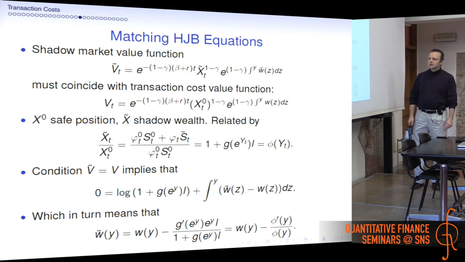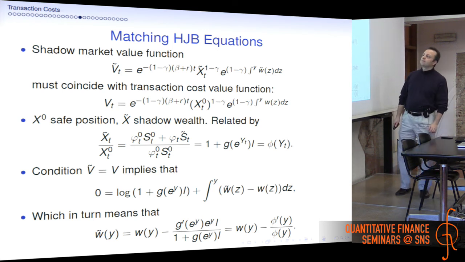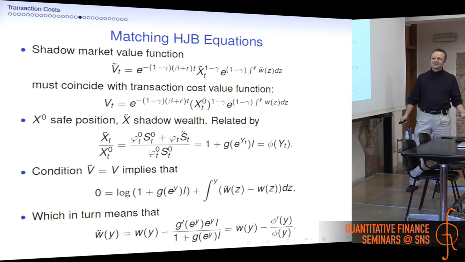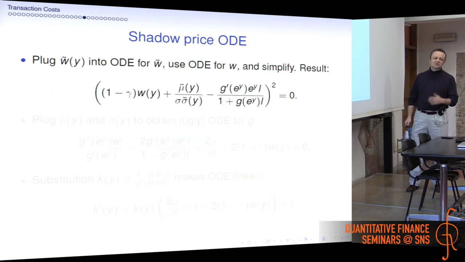I realize that this is a bit messy. It is what it is, and I just want to give you the idea of how this proceeds. So when we set that these two equations are the same, and we do the simplifications, we get that this expression, this square, should be equal to 0. So if the square is equal to 0, the argument of the square is equal to 0.